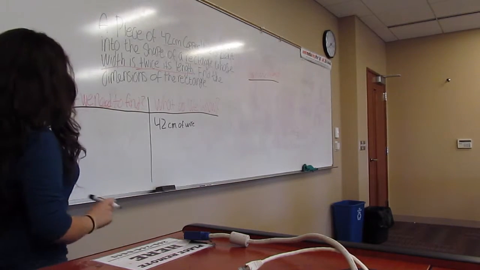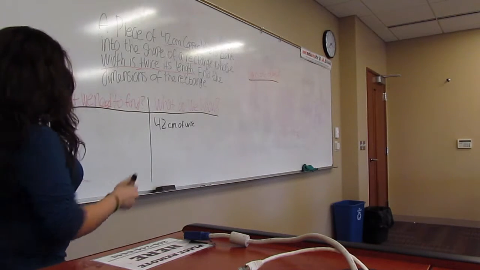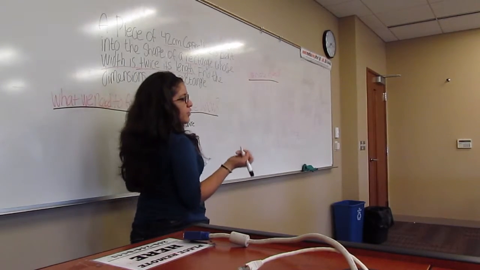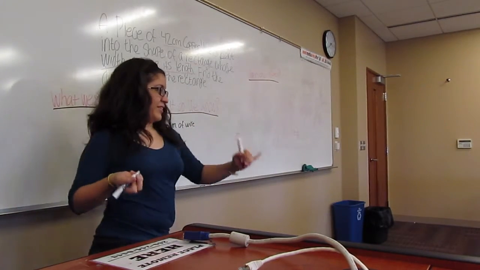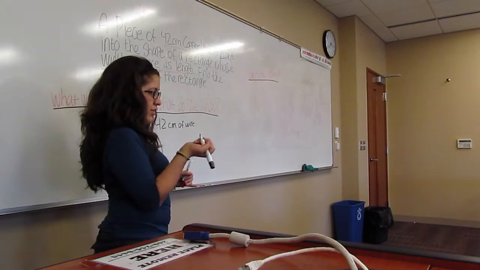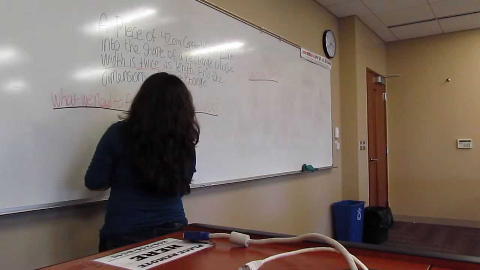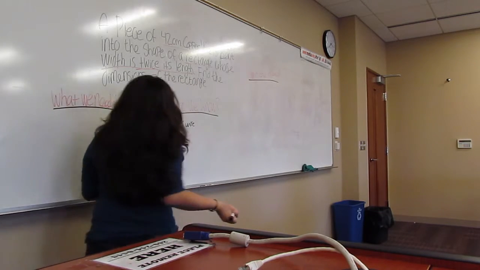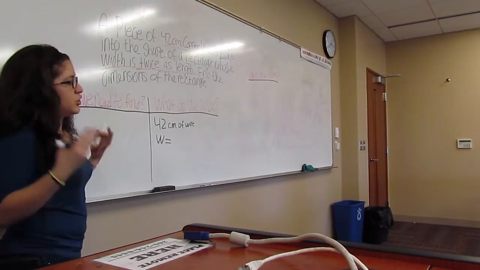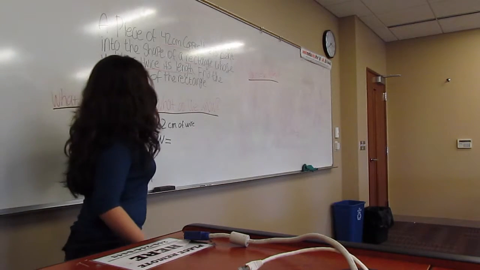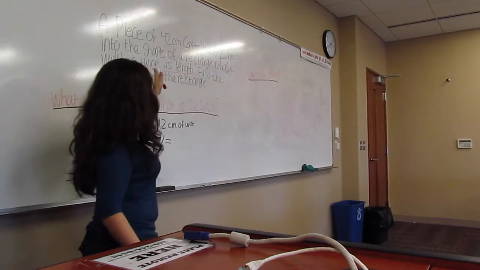Okay, so that's another thing that we know. What is a variable we can use for width? W. And how can we convert this sentence into numbers? The width equals twice its length.